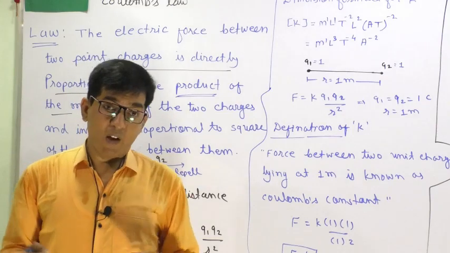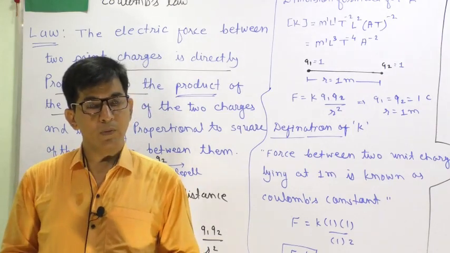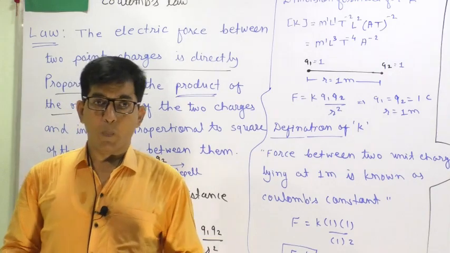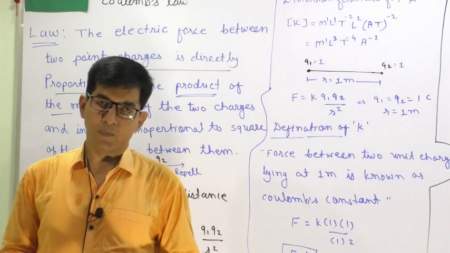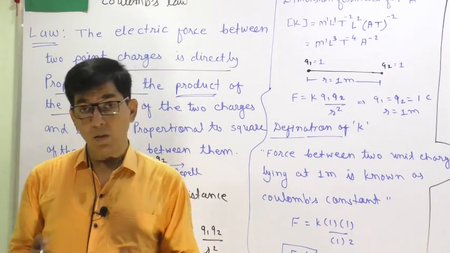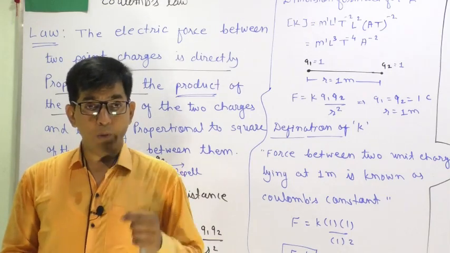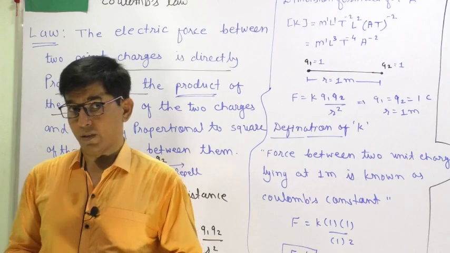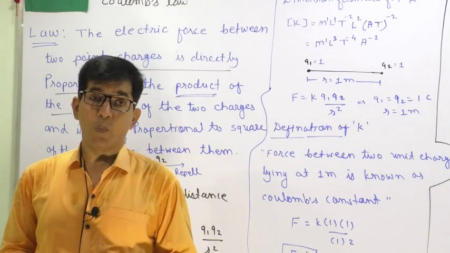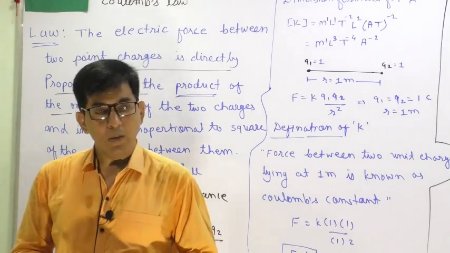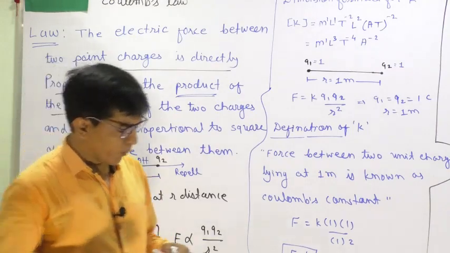So does the medium affect the force? The answer is yes, the medium can affect the force, and this variation of the force is due to one more characteristic which is known as permittivity. So let's discuss permittivity.